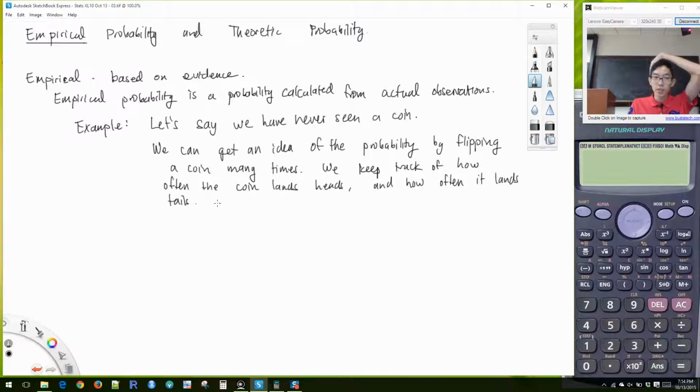And then we divide, what do we divide? We divide number of heads by number of flips, and this gives us our empirical probability of landing heads.